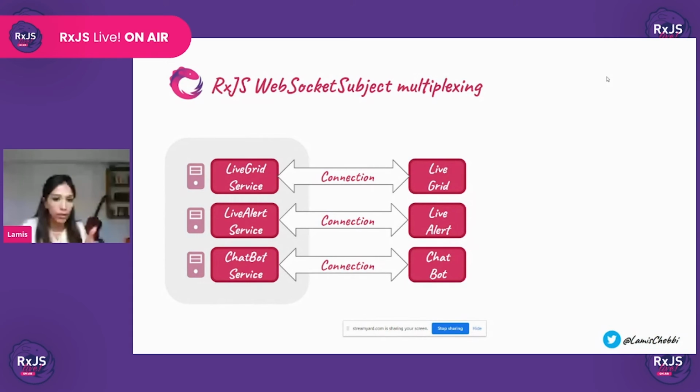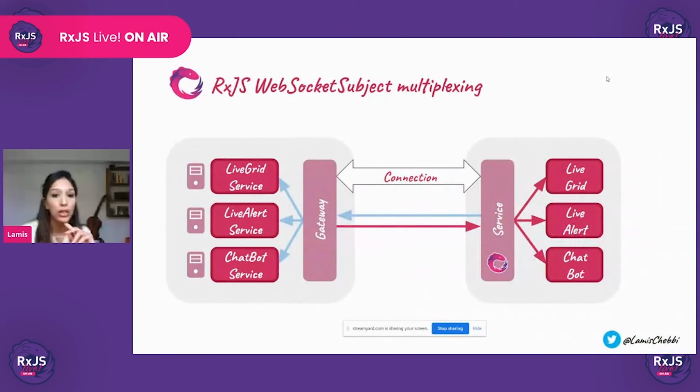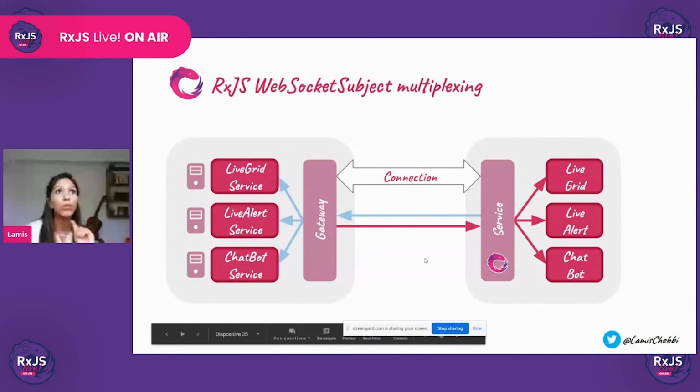So there are different endpoints. It may make sense for you to just create a WebSocket subject and a separate connection for each component and for each service. Don't do this, okay? Because this will harm your performance and it's very resource expensive. A common pattern is to provide a gateway, a gateway that will route the request to the adequate service.